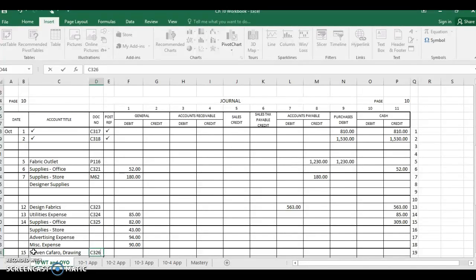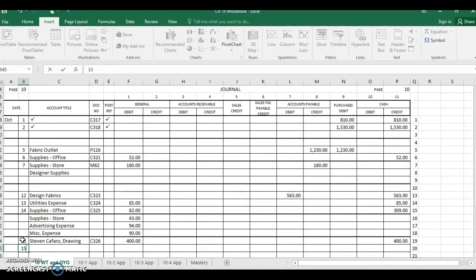Okay, now he took out $400 of cash. Okay, so it's a general debit, cash credit. Okay, we've done that last year. That was almost every single example we had. Nothing new there. What is new is what the other partner does.